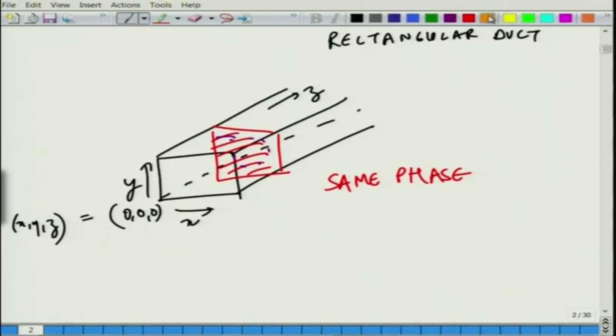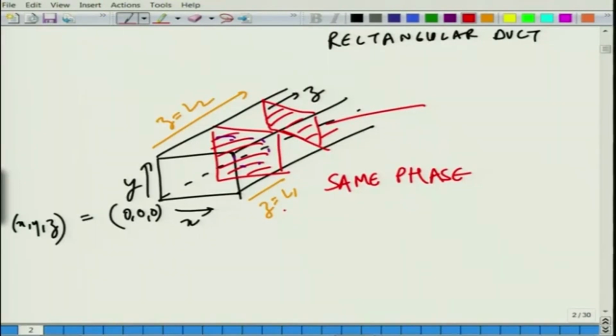That is, if you consider another plane, let us say this is at z equal to L1, this would be at z equal to L2. So, this is another planar wave front. The values would be different from what you get at z equal to L1. The idea is that the only dependence is on the z direction, that is, if z is changing then the values will also change.